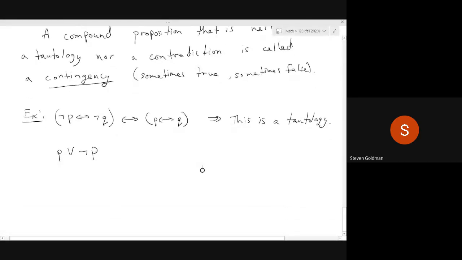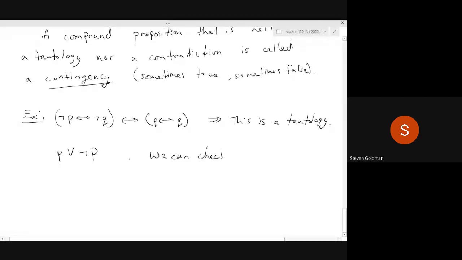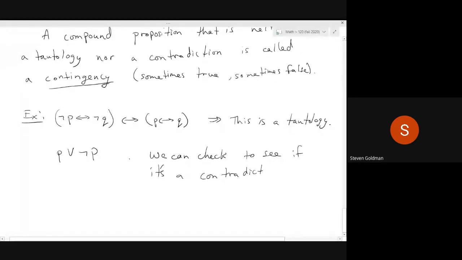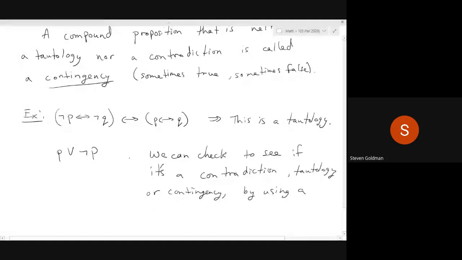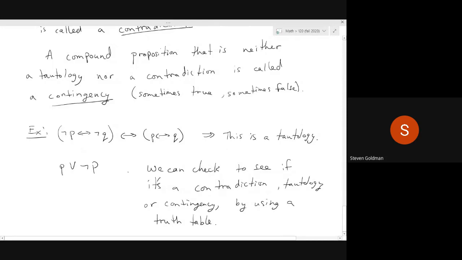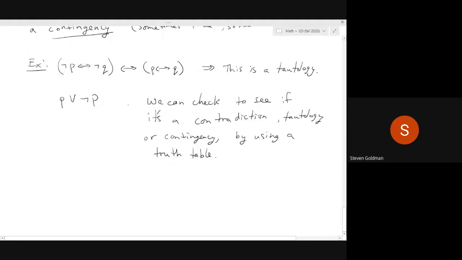We can check by using a truth table. Let's check this one here.